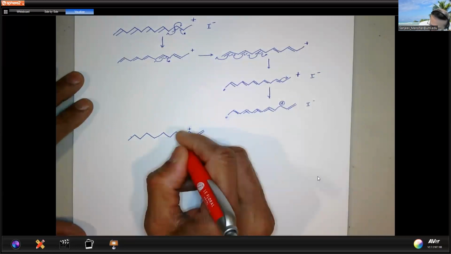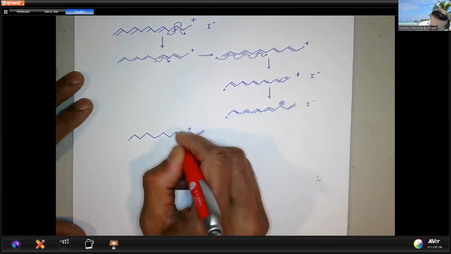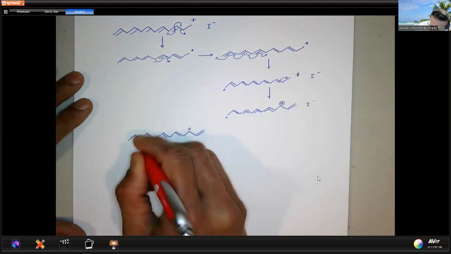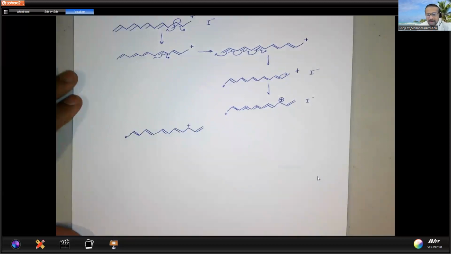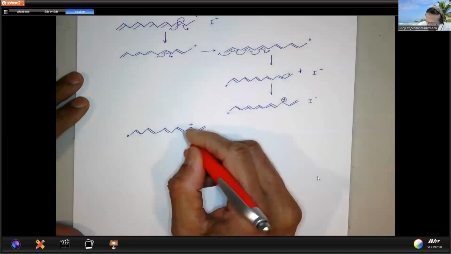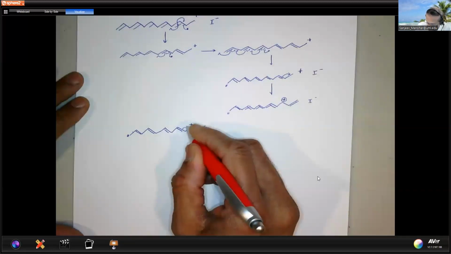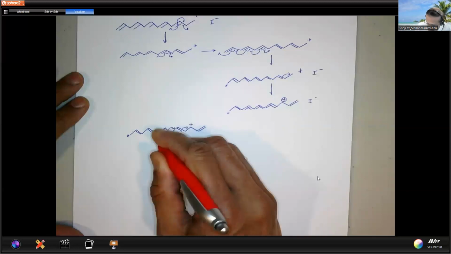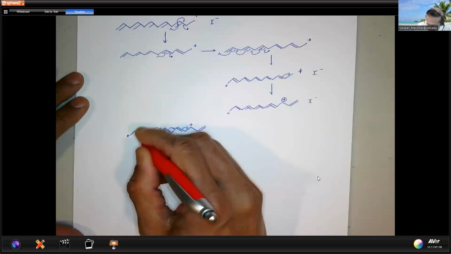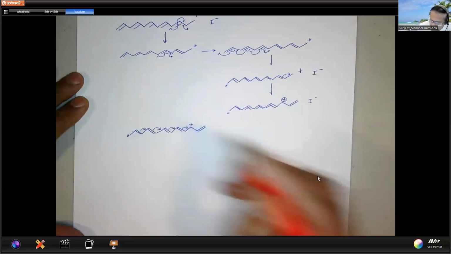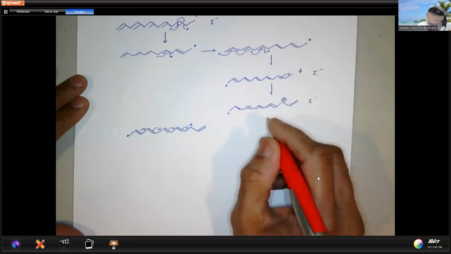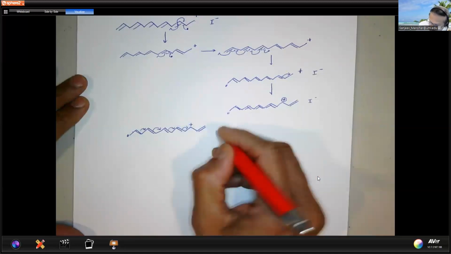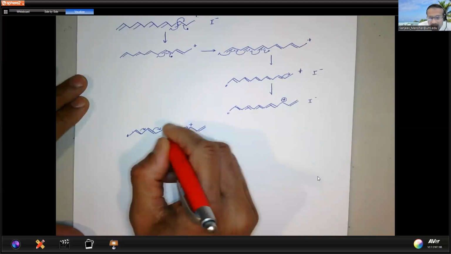And then you have these moving, right? You can still have this, right? This can move here. This can move here. This can move here. Remember, this is double arrows, which means both electrons are moving. So this plus charge can move all the way down the chain.